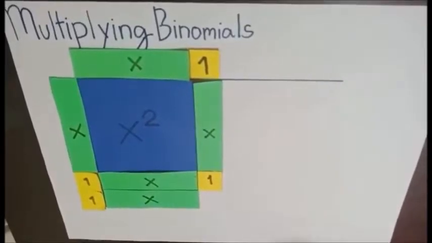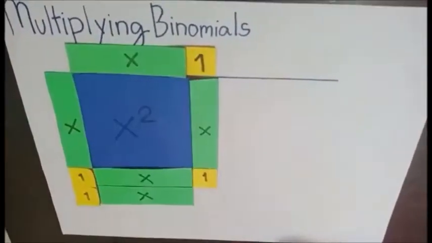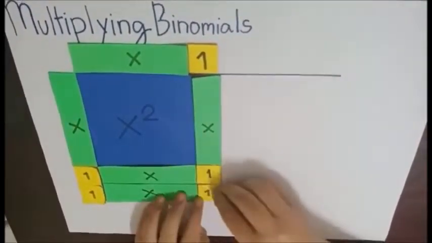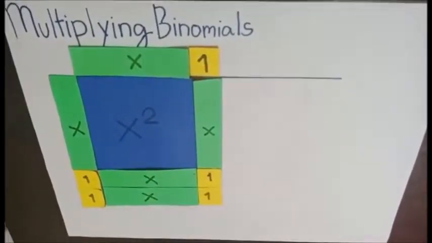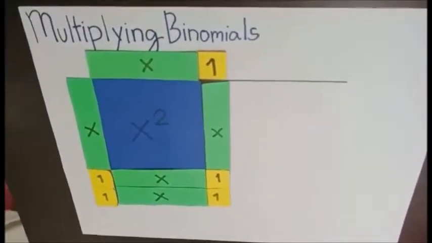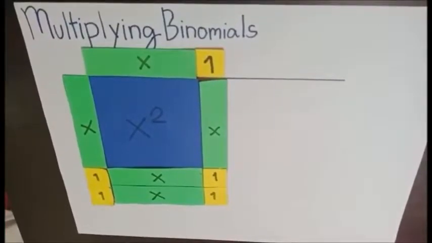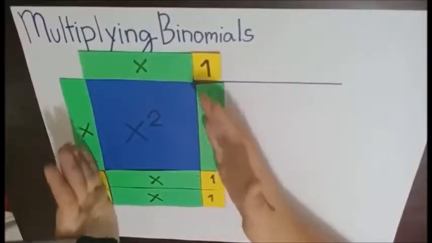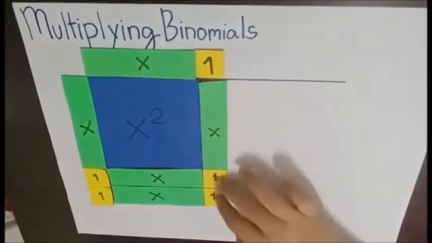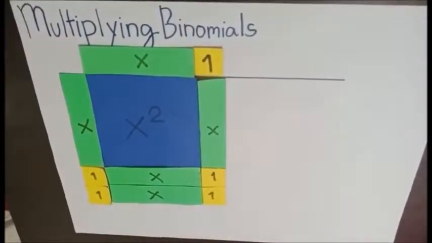And then, if we multiply 1 to 1, we will get 1. For us to find the result, we will just count the x squared tile, the x tile, and the number 1 tile.